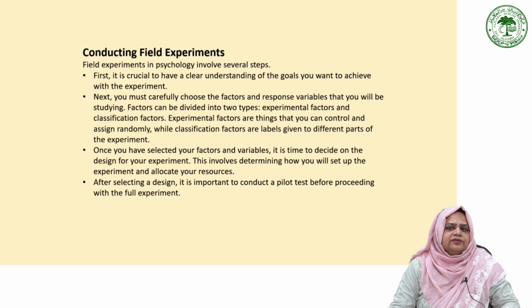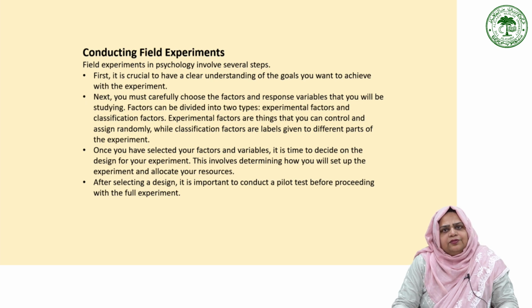Experimental factors are ones that researchers can control and assign randomly, while classification factors are simply labels for the different groups in the experiment. Carefully considering these factors and their categories is essential when designing the experiment. This step ensures that researchers are studying the right things and the results will be meaningful.